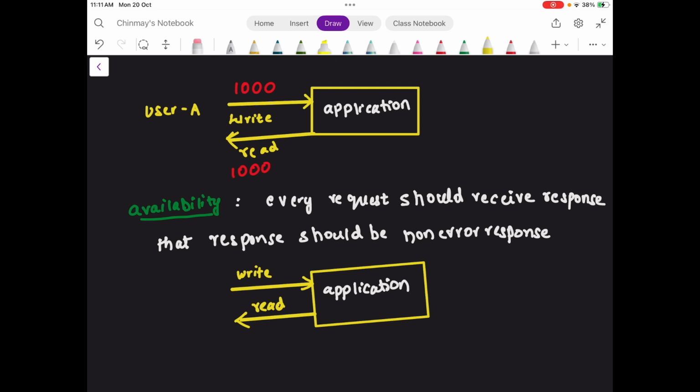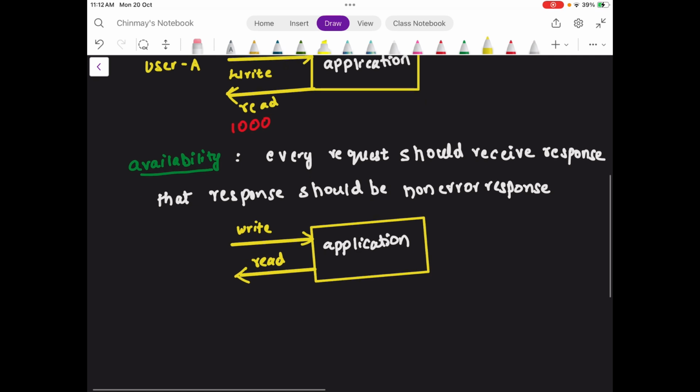An error response is also fine if it is a user error response. But if the application gives an error response without a user-specified error, then your application does not have availability behavior. That means one of the components has let it down. This is what availability behavior states.